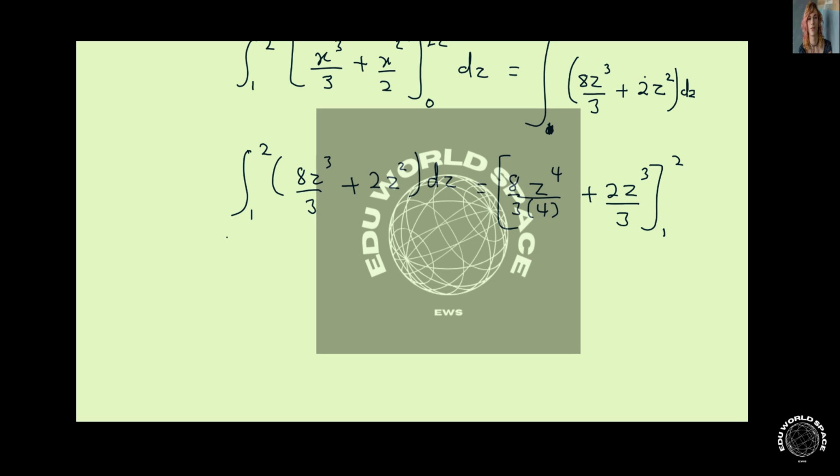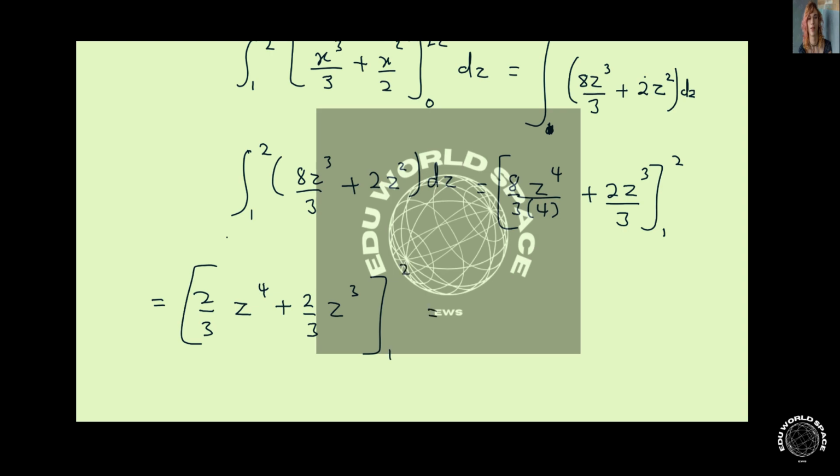Now let's see if we can simplify. 4 can go into 8 two times, so that makes it 2 over 3. We have z to the power 4 plus 2 over 3 z to the power 3, and we are evaluating it from 1 to 2.